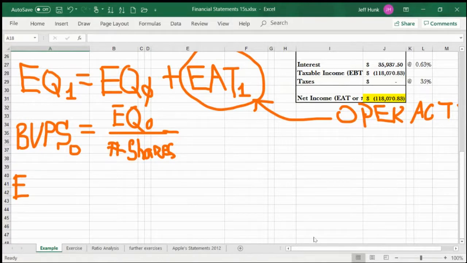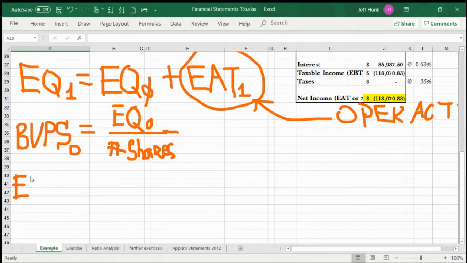If I'm holding 10 shares of this company, my share in that profit can be calculated by profit per share, which is simply dividing the profit by the number of shares, and then the profit per share times the 10 shares that I have.